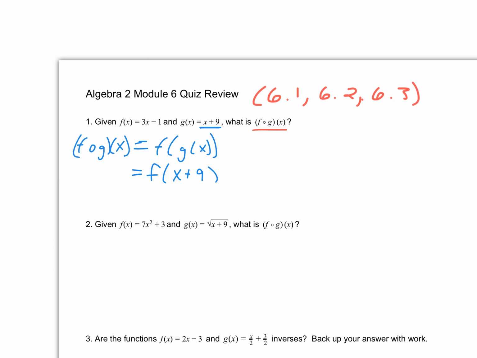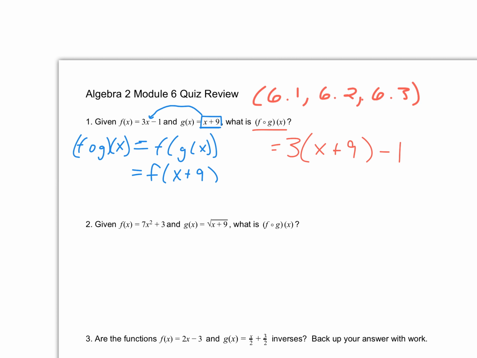So we are taking this x plus 9 and we're plugging it in here into the f function. So instead of 3x plus 1, it's 3 times x plus 9 minus 1.